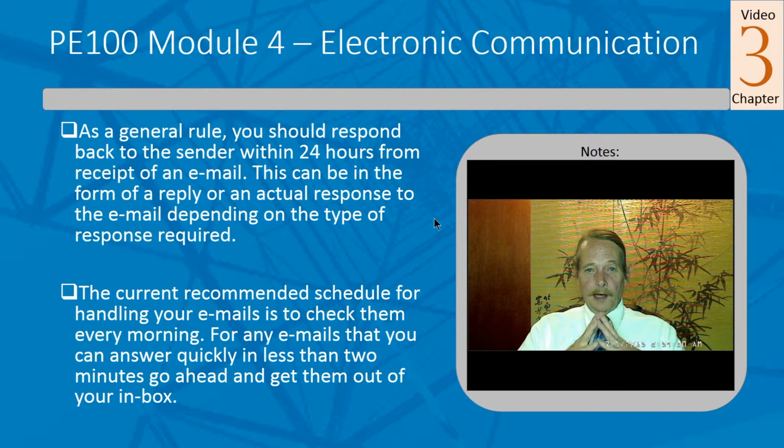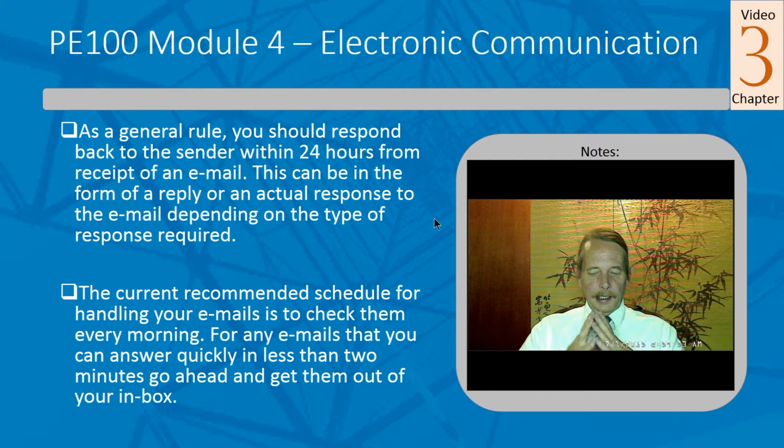But at least that way you've given the person who sent you the email a confirmation that you are involved with it and that you are going to respond to it as quickly as you can. So now that's the first rule. That's what we call the 24-hour rule. You either respond or reply within 24 hours.